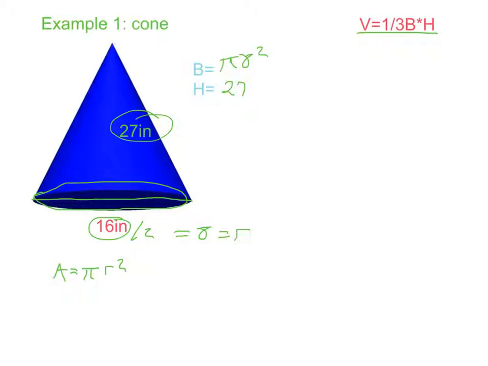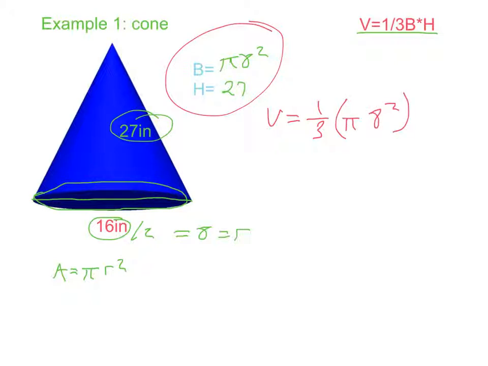So now we're just plugging these things into our equation. So it's going to be V equals 1/3. I'm just going to put the B in parentheses here. Pi 8 squared times 27.